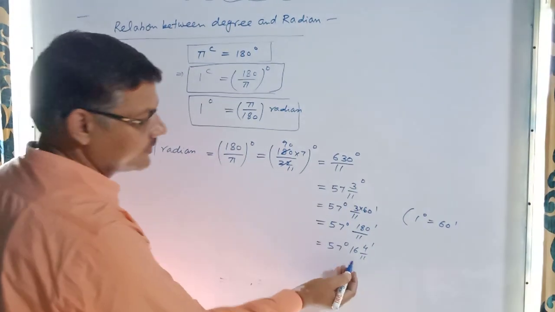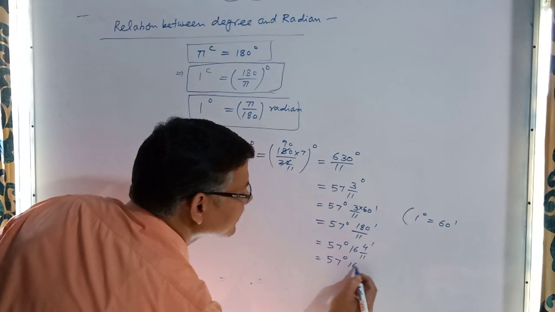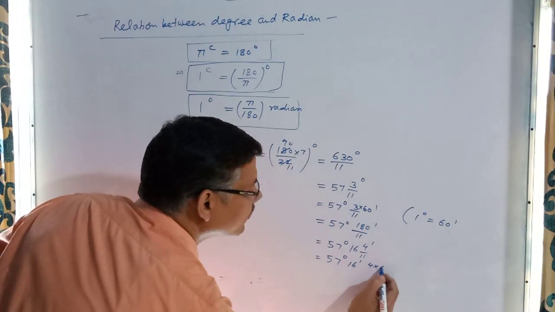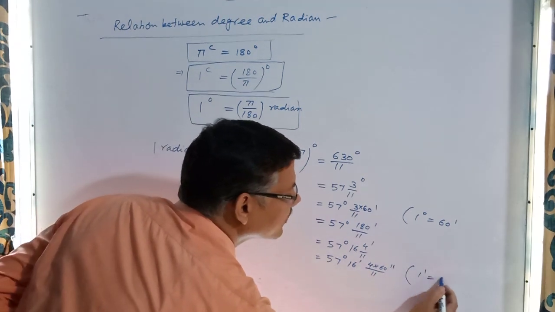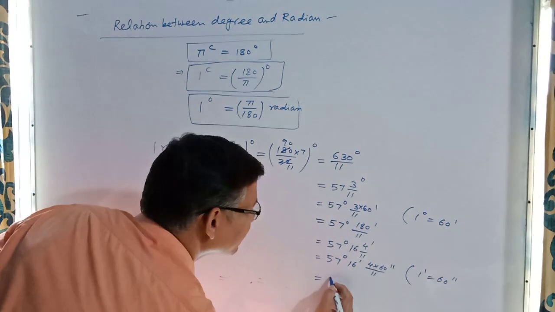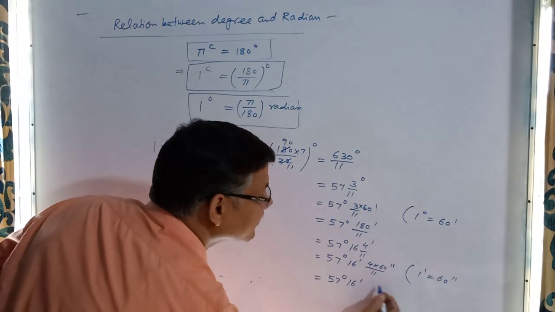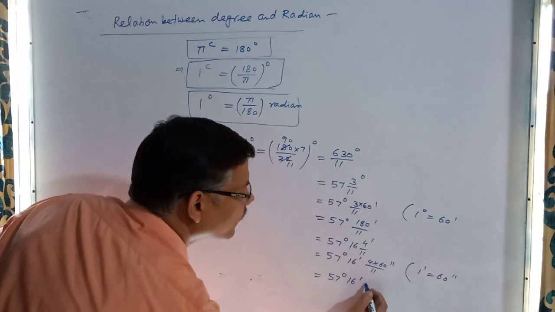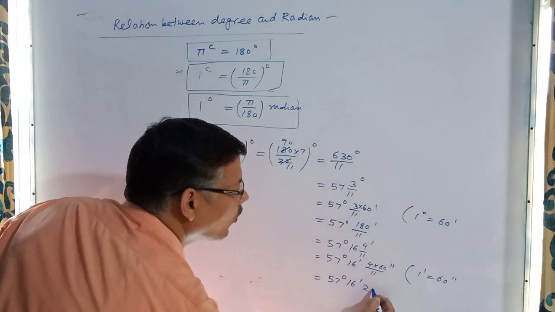Again it is a fraction, so we wish to change it into smaller units: 16 minutes and 4 into 60 by 11 seconds. 1 minute equals 60 seconds. In this way we get 57 degree 16 minutes, and this is 240 by 11 seconds.